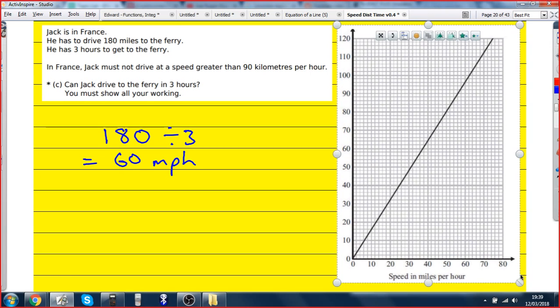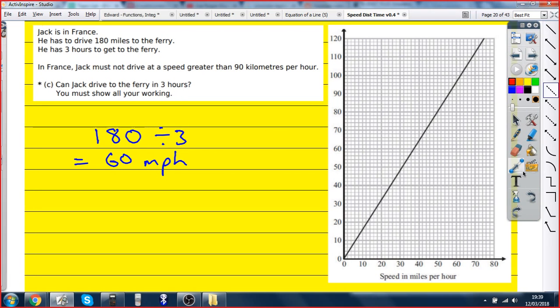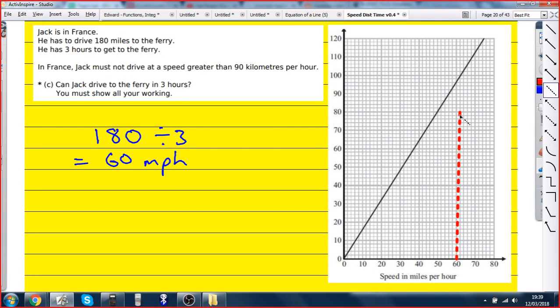Okay, how do we do this? So then do you go to 60 miles per hour? Mm-hmm. And where is that? To get 95? So 60. Go up. Looks like it's approximately 95, 96, yep. Maybe even 98.